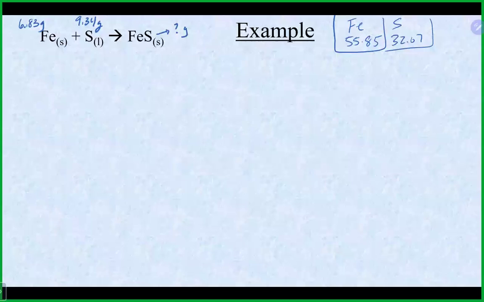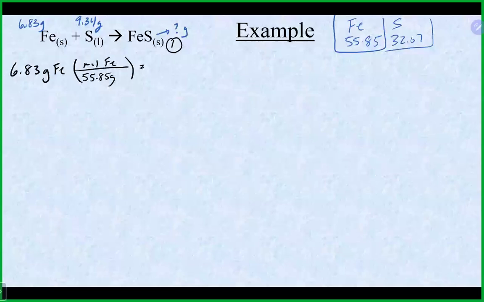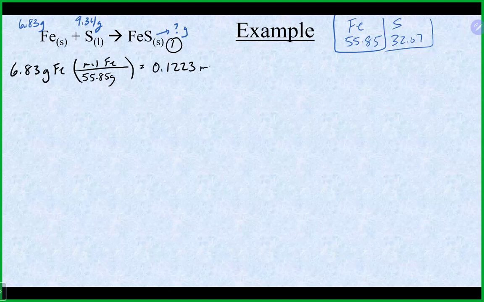The first two steps are pretty much straightforward for any method you choose. We want an equation and it's balanced, so we're good to go. We do want to convert both of our reactants into moles. So I'm going to take my 6.83 grams of iron and use the molar mass of iron from the periodic table, 55.85 grams per mole. 6.83 divided by 55.85 gives about 0.1223 moles of iron.